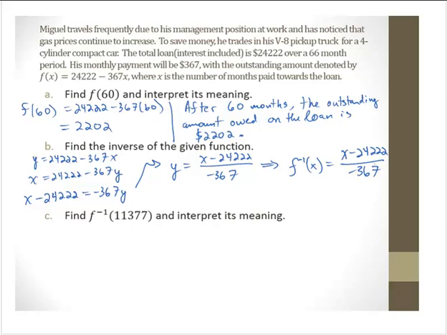Find f inverse of 11,377 and interpret its meaning. f inverse of 11,377 would be 11,377 subtract 24,222, divided by negative 367. I'll use a calculator here.